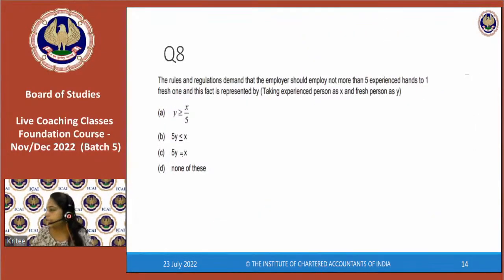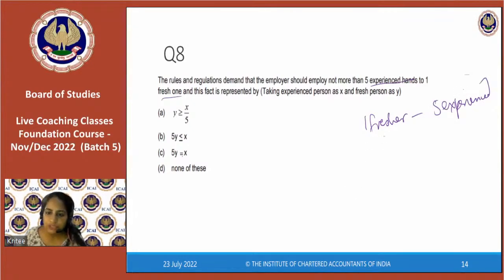Very quickly, the last question from my end for the day, and then I'll open this for your doubts. So the rules and regulations demand that the employer should employ not more than 5 experienced hands to one fresh one. So against every one fresher, there should be 5 experienced hands.